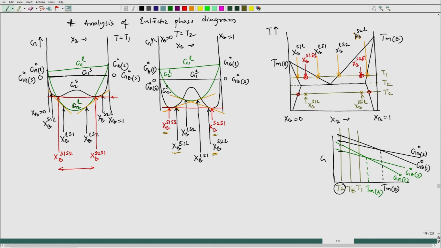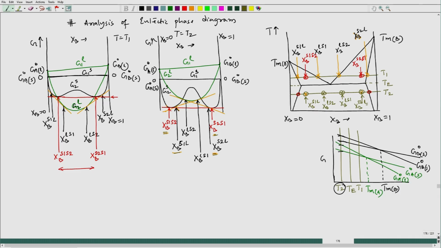Okay. We can actually mark the other two compositions which are in equilibrium. This one is Xb liquid of S2 and this one is Xb liquid in equilibrium with S1. Okay. These are interesting situations now. All these compositions are basically metastable compositions. At T1 the red circle was metastable and at T2 the greenish circle is indicative of metastable compositions.